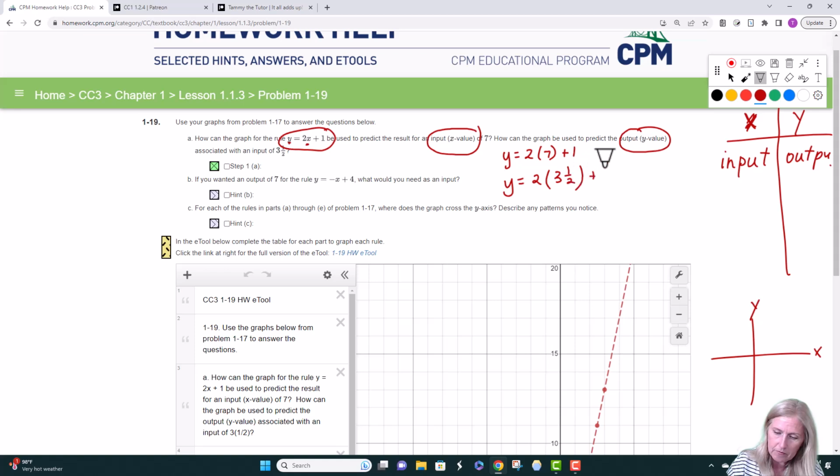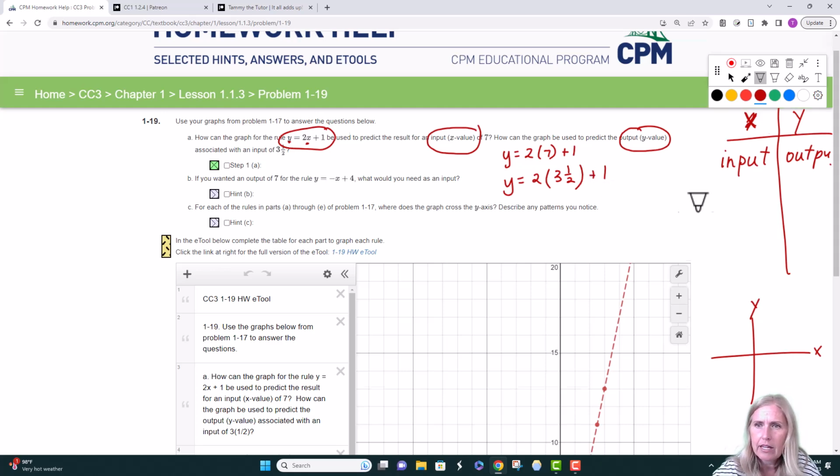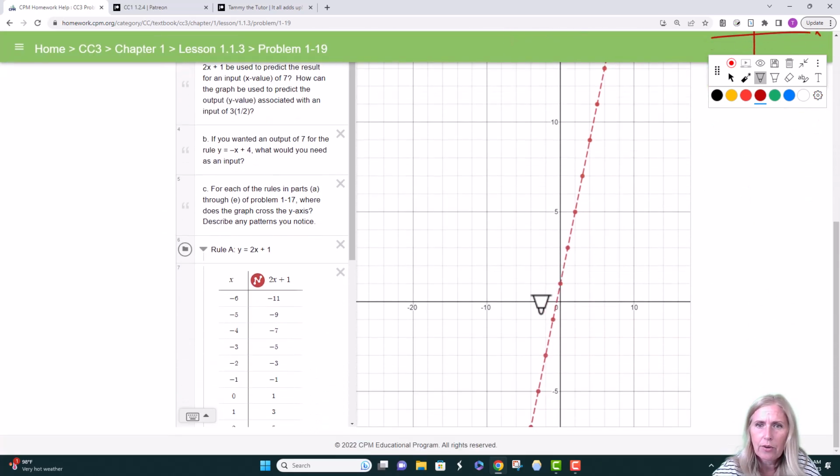Again, we could figure out the y value by doing math right here. But they're asking, could you just use the graph to figure it out without plugging numbers into the equation? And I love that they've got the graph of this line right here, y equals 2x plus 1. If you were to graph it, this is what it looks like.